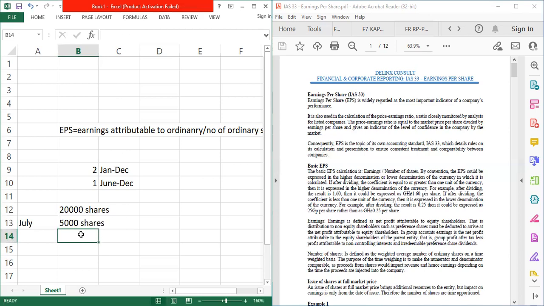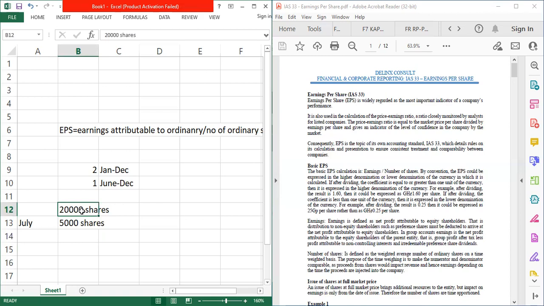If we want to pay dividend for the full year, would the 5,000 shareholders also receive the dividend for the full year? No. They'll receive how many months? 6 months, from July to December.